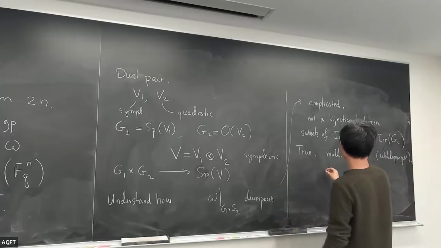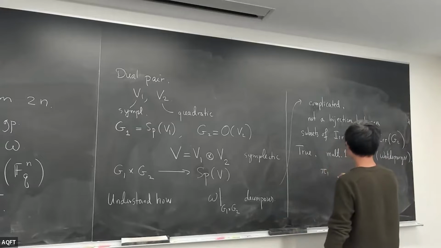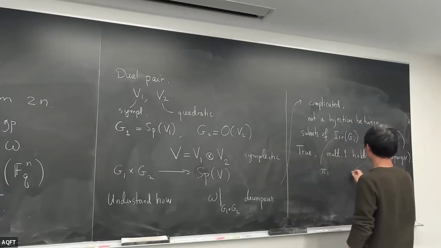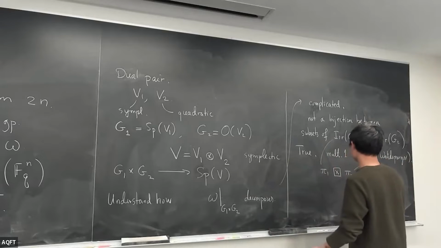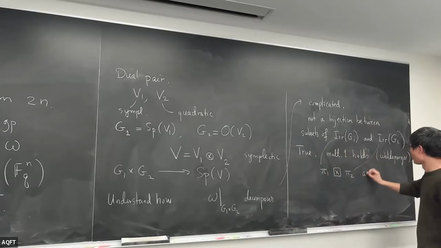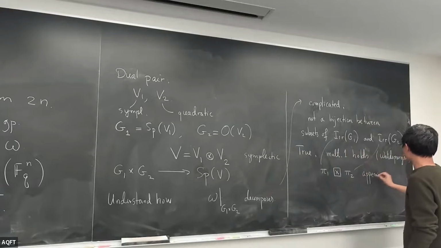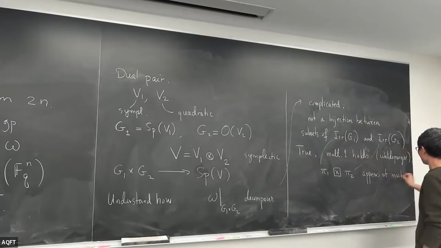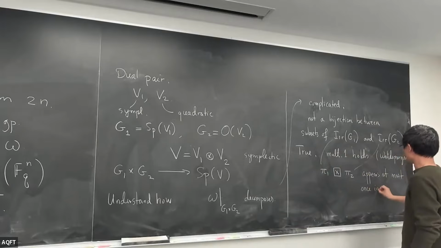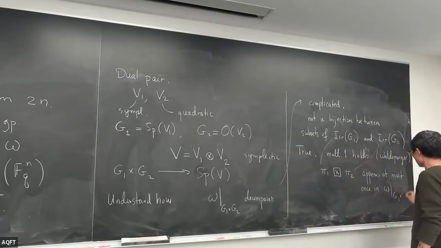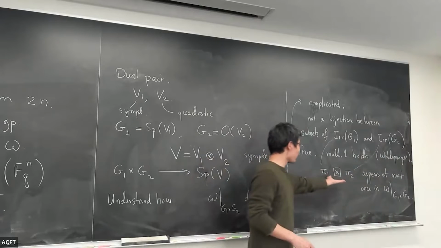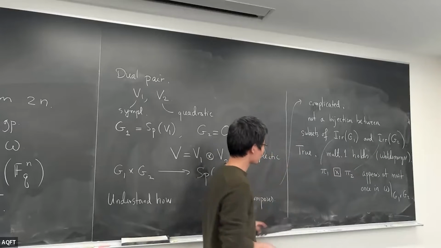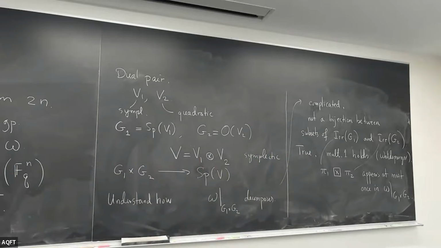If I start with a pair of complex irreducible representations, one for G1, one for G2, this tensor product appears at most once in the Weil representation. But aside from that, the general structure of which pairs appear does not follow an obvious pattern.